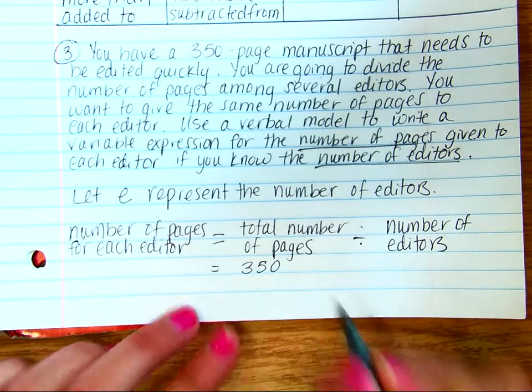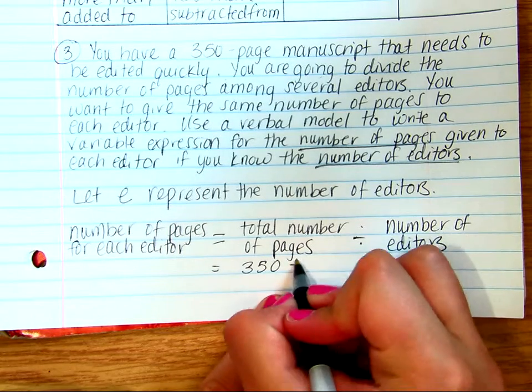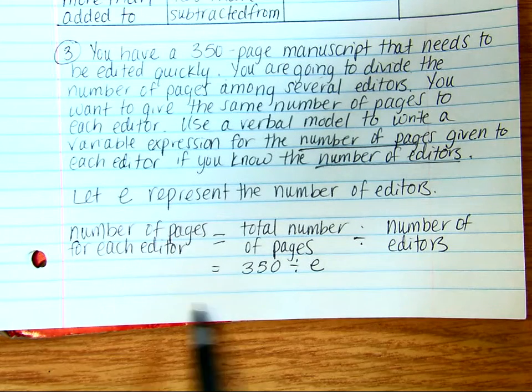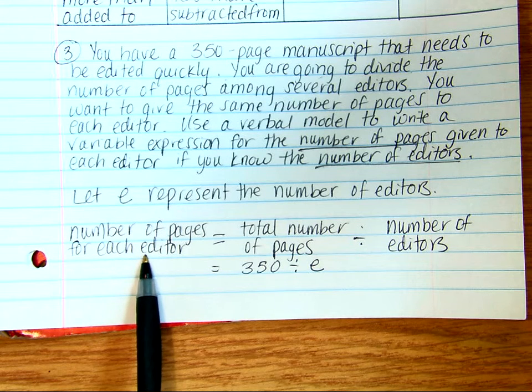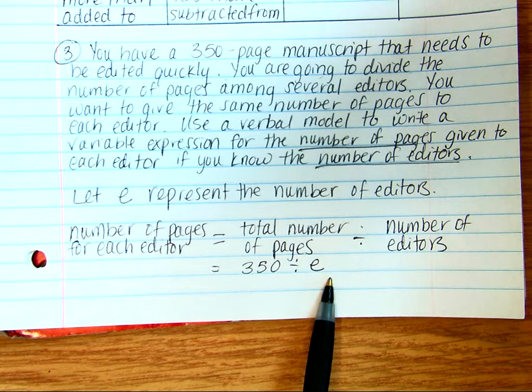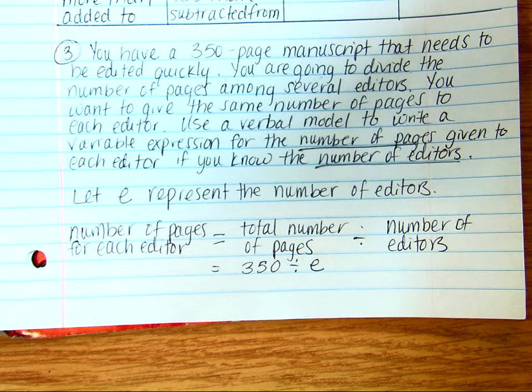Then remember we said we're going to assume we know how many editors we have, which we defined the number of editors as E. So ultimately, to get the number of pages for each editor to edit, we're going to take the total number, 350, divided by however many editors there are. So this right here, 350 divided by E, is our variable expression we're looking for.